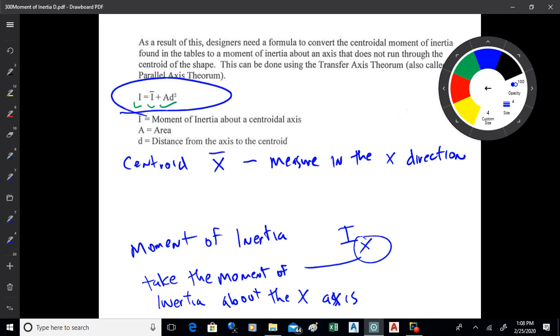The centroid is named after the direction you measure, whereas the moment of inertia is named after the axis you take it about. Normally you measure perpendicular to the axis. So for I sub x, the measurements are done in the y direction, whereas for x bar, the measurements are done in the x direction. Keep that straight, because they're different, and you want to be sure you know what the names mean for a centroid and a moment of inertia.